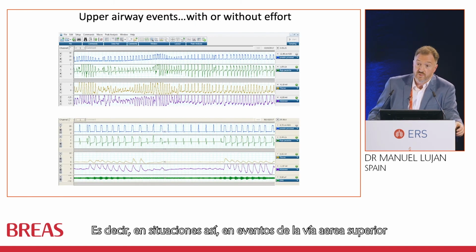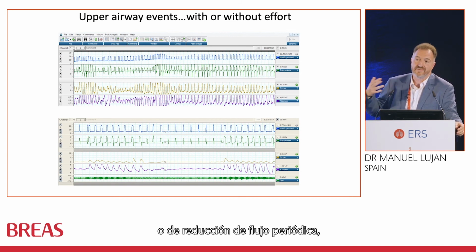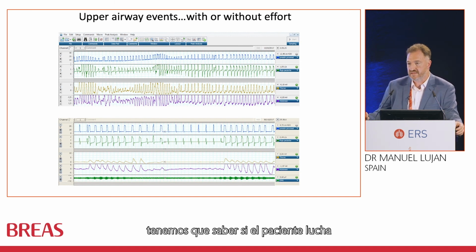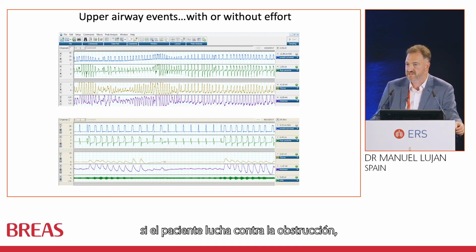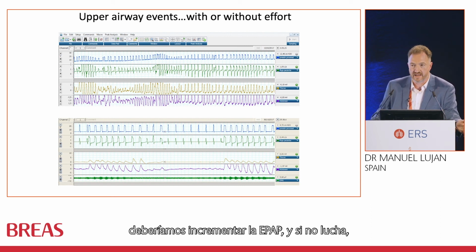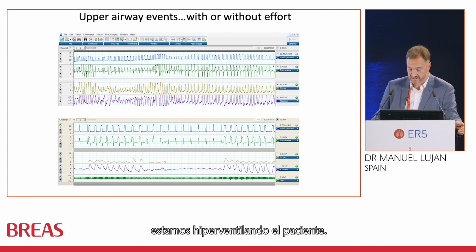Mainly in situations like this, in upper airway events or periodic flow reduction, we need to know if the patient is fighting or not against the obstruction. This has clear clinical implications. If the patient is fighting against the obstruction, we should increase the EPAP. And if not, probably we are hyperventilating the patient.